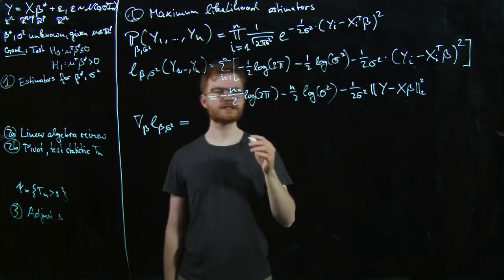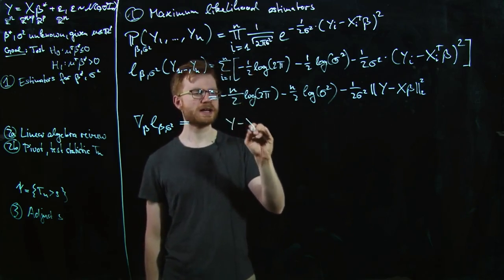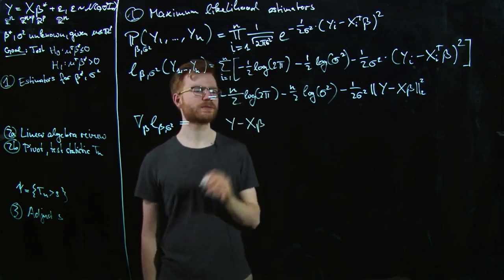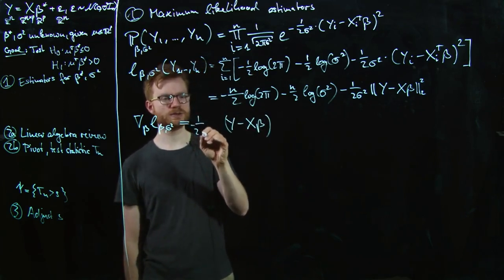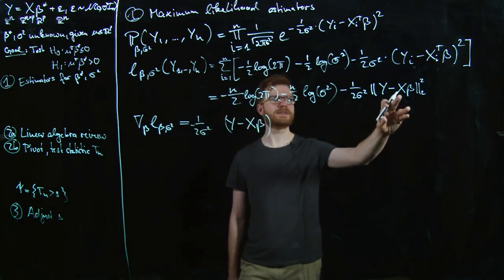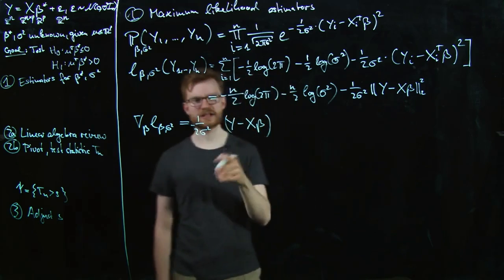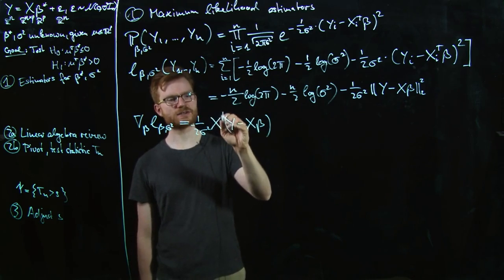The derivative of this, if I don't care about the dependence on beta, is just going to be y minus x beta, with a prefactor of minus 1 over 2 sigma squared. And then I have to carry the map that gets me from beta to x beta, and I need to carry the derivative. And since this is the gradient, it's going to be x transpose here.